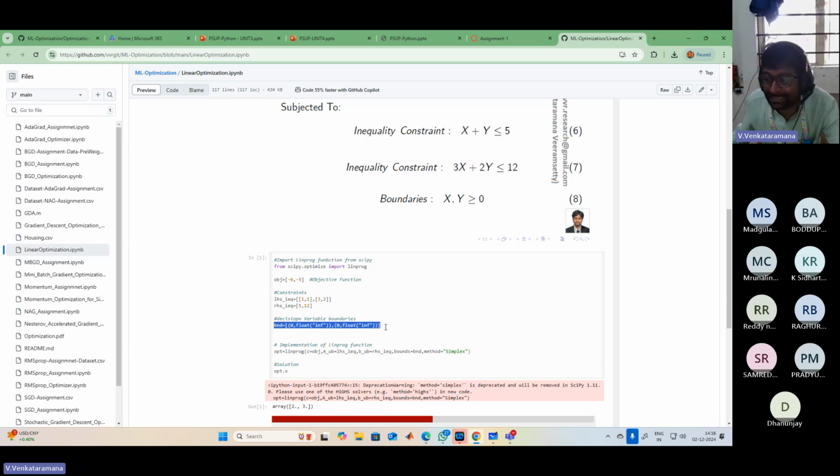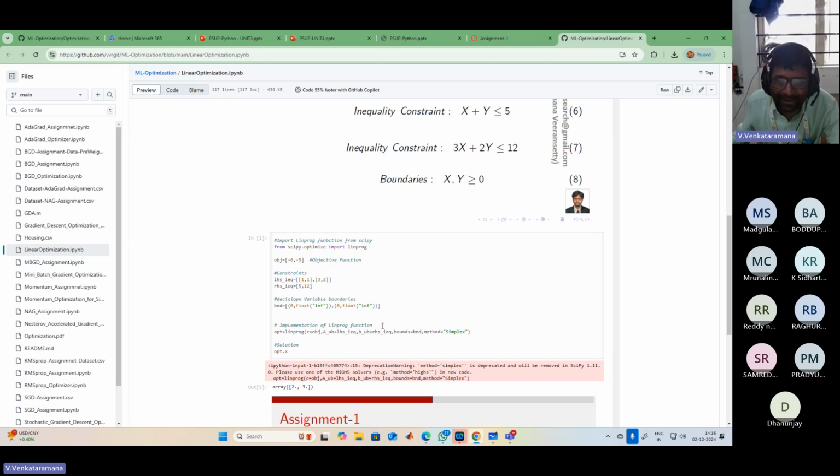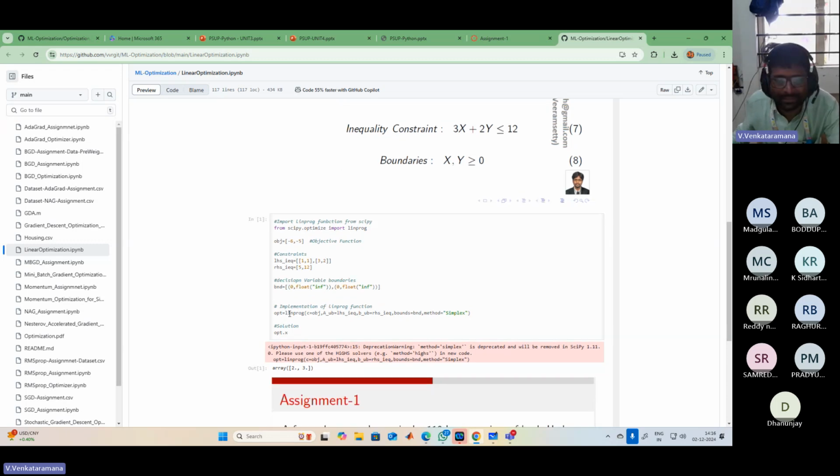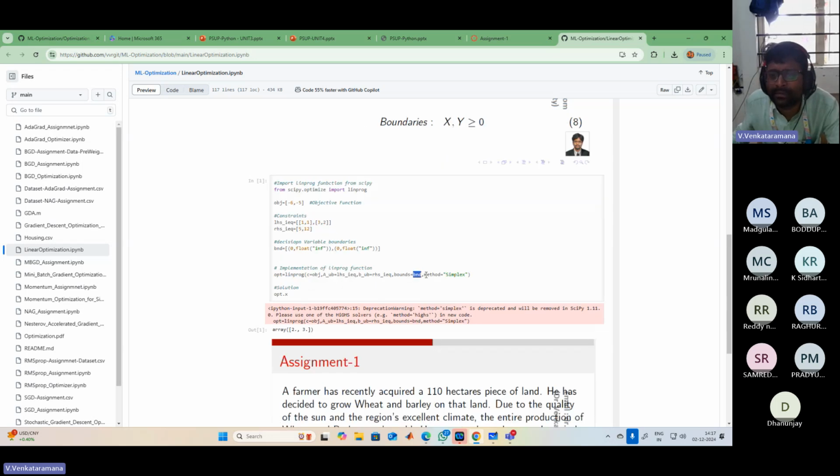What are the boundaries? X should be greater than 0, Y should be greater than 0. So the minimum value is 0 and the maximum value is infinity. After that, just call this function: opt equals linprog. You pass your objective function as c, the cost function, which is nothing but your objective function, along with the left-hand side and right-hand side of the inequality, and also your boundaries, and you can use whichever method you want.